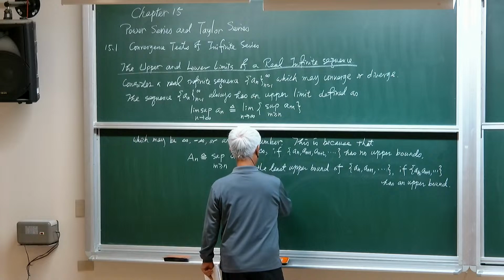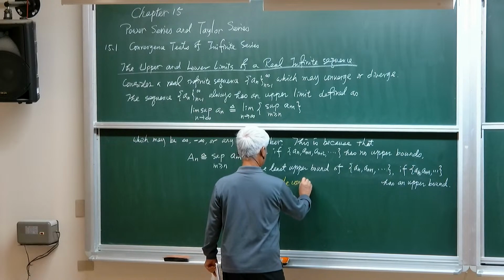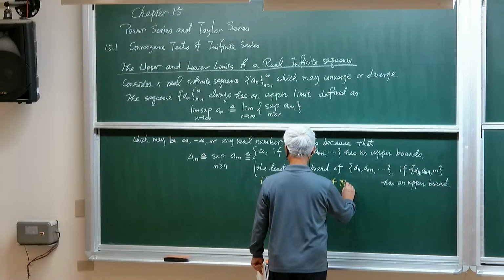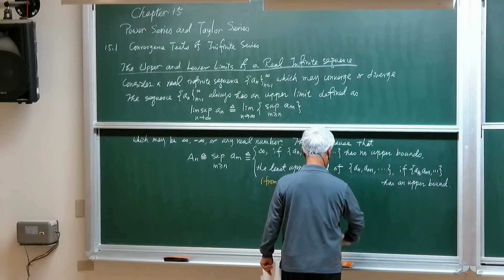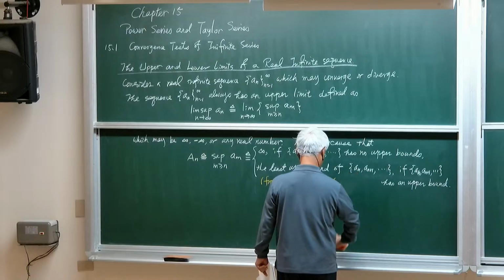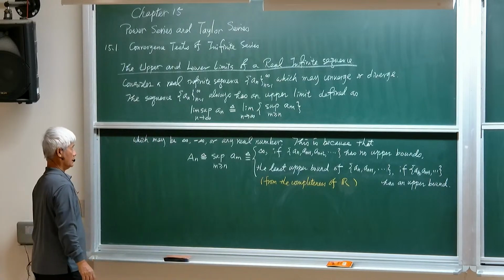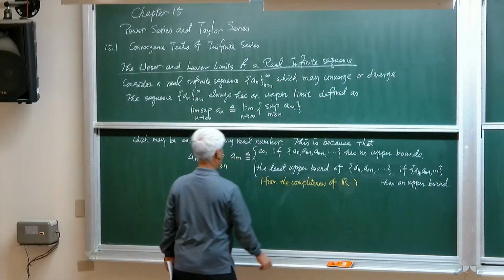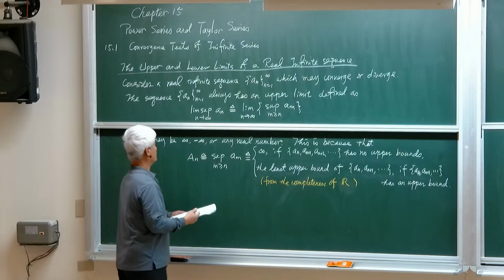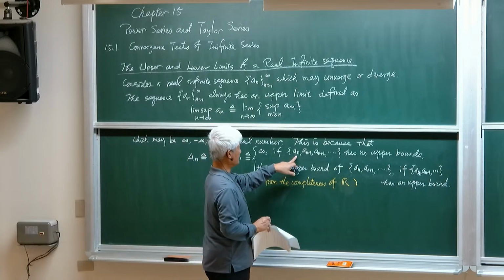So A_n is essentially the least upper bound of the set starting from a_n.